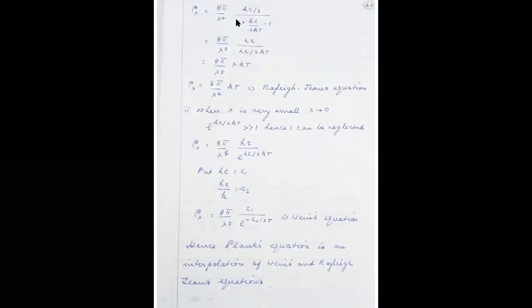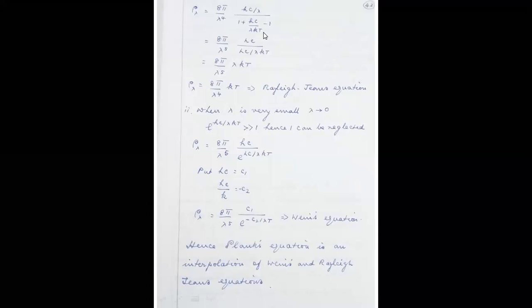So e power hc by lambda kT becomes 1 plus hc by lambda kT. I'm substituting that: 8 pi by lambda power 4, there is one hc by lambda, and it is divided by 1 plus hc by lambda kT minus 1.